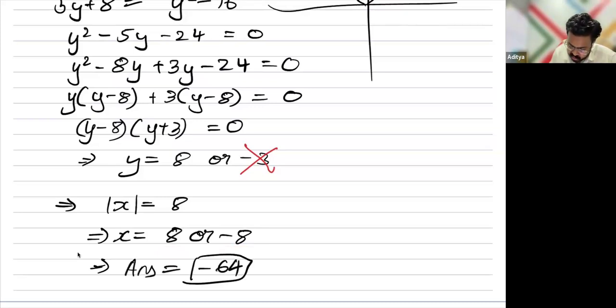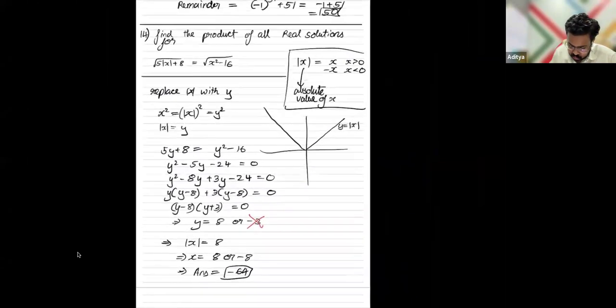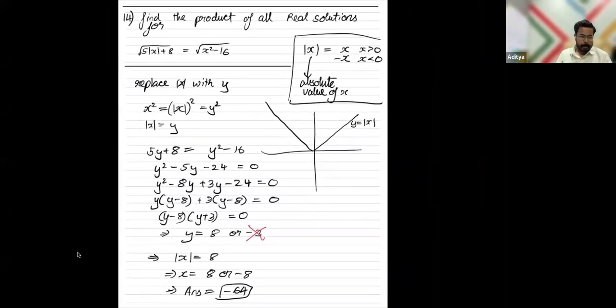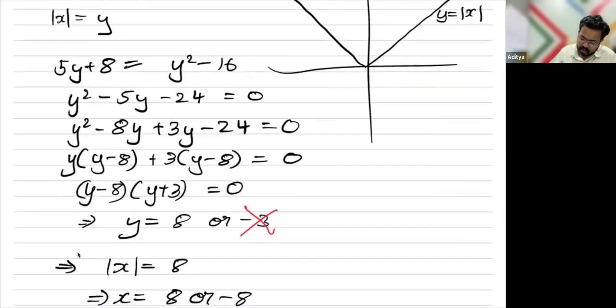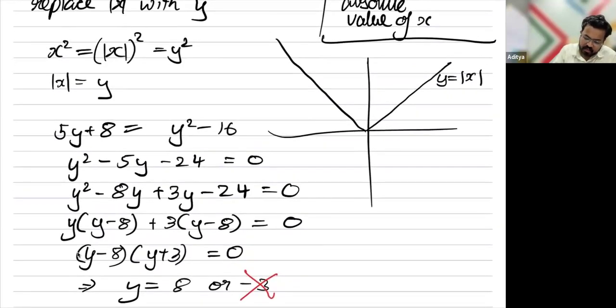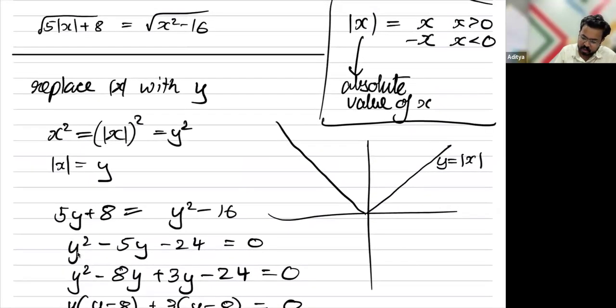At any point, if you have any doubt, you can ask me. Sir, why is it not possible to take minus 3 as a solution for y? Because y has been defined. So in your substitution, always remember, when you are substituting something with another thing, you should also keep in mind what are the possible values that y can attain.